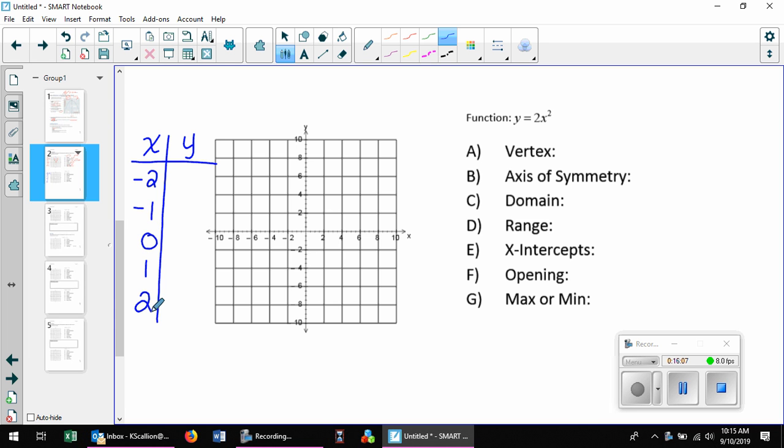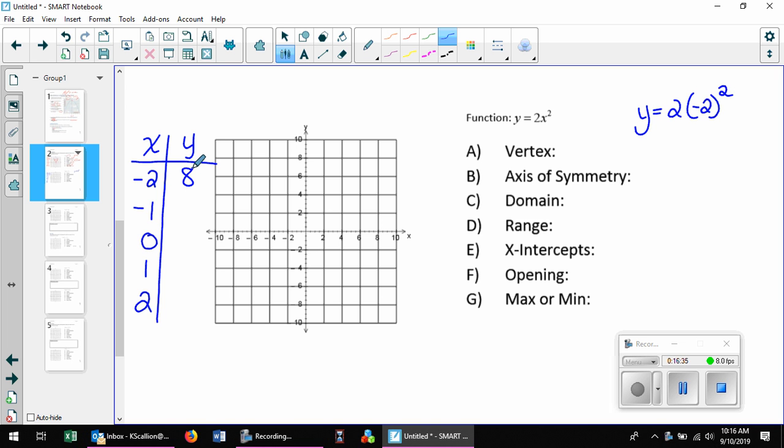Now my equation has a 2 in front of the x squared. So this is going to be y equals 2 times -2 squared. So what do we do first? Square. We deal with the exponents first, right? So -2 squared is 4, and then times 2 is 8.